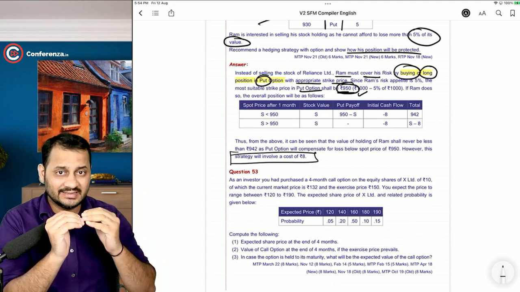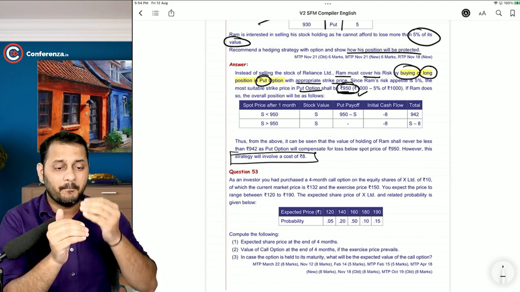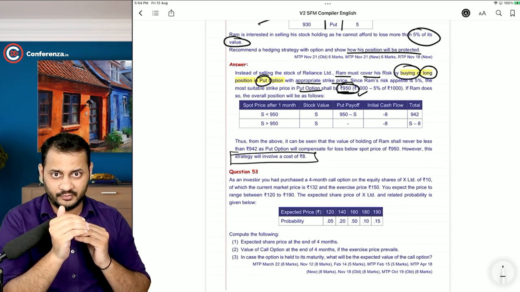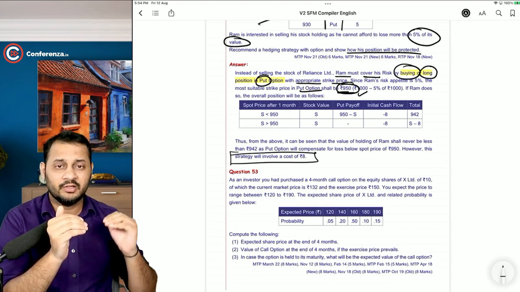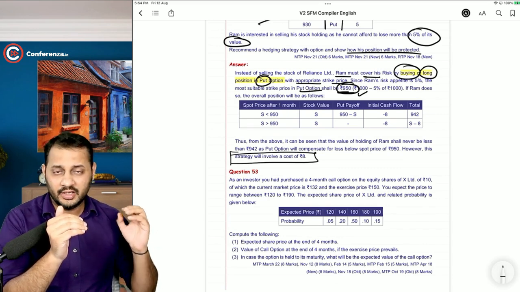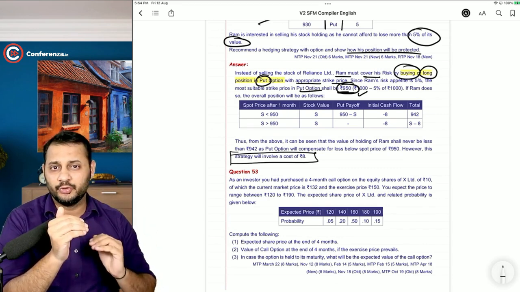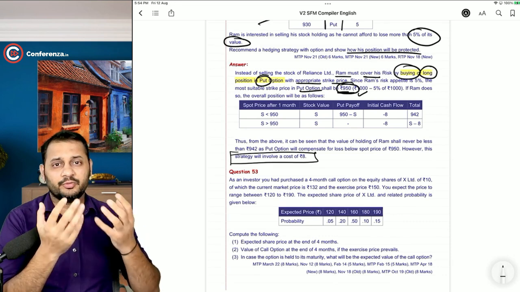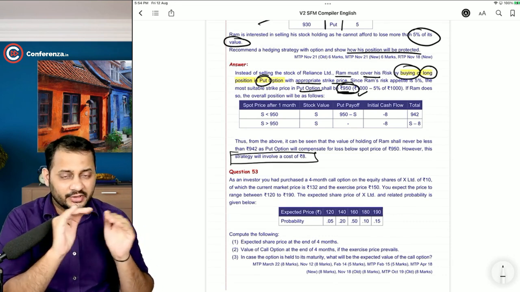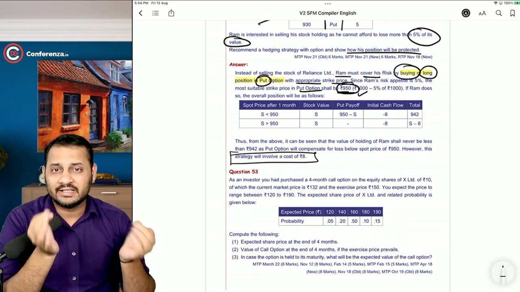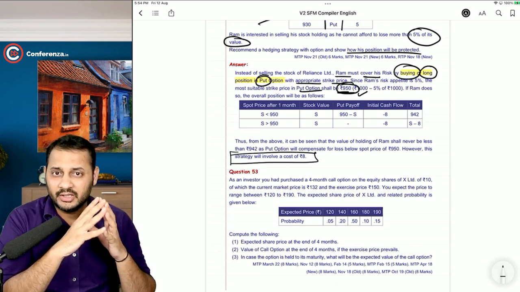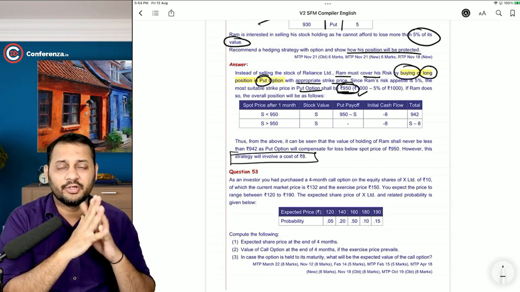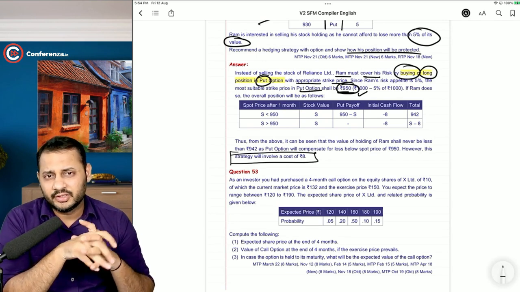So the answer is, the hedging is to buy a put option with the strike price of 950, which is worth 8 rupees. 8 rupees is the only expense to you for hedging your position in the spot market. More than 8 rupees, you will not lose anything. 950 or above will be the minimum cash flow to you. That is what you ensured. So this is how we have to do the transaction.